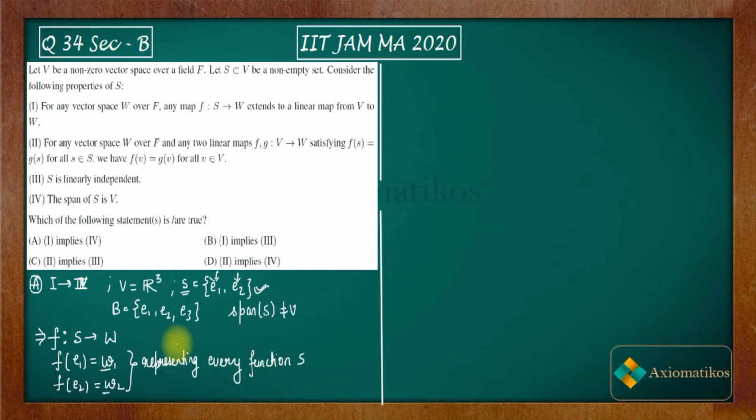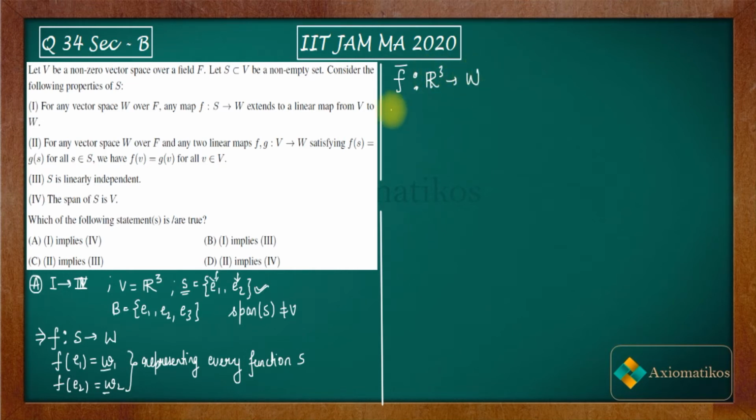Now according to statement A, what should happen? This function f should be extended to a linear map from V to W. I am writing f bar for the extended map, because it is an extended map. Instead of V, I will write R cube.